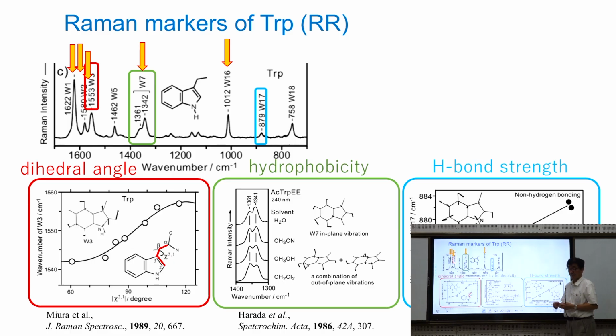So there are many studies to correlate intensity or peak position of the Raman spectrum with the environment change or structural change or hydrogen bonding change. So by establishing this kind of marker band, we can utilize the Raman spectroscopy for structural analysis.